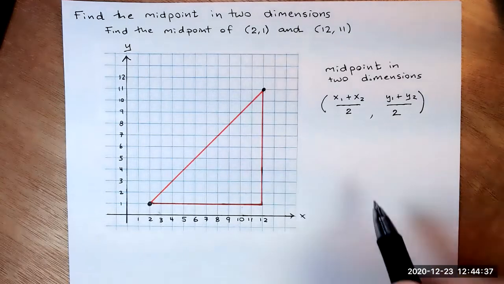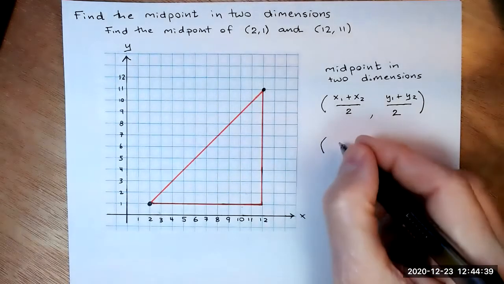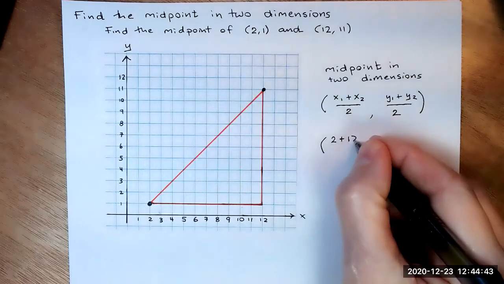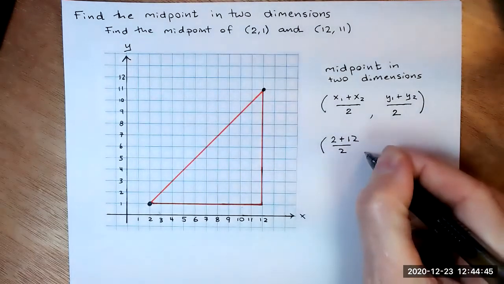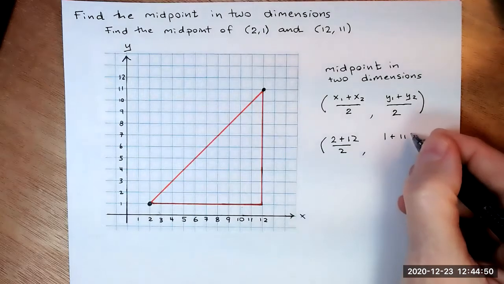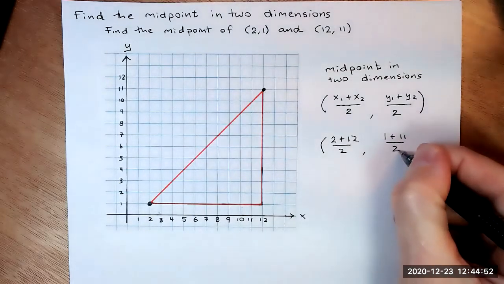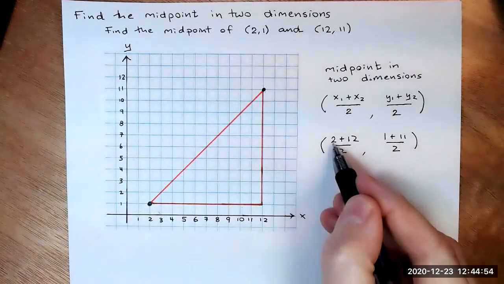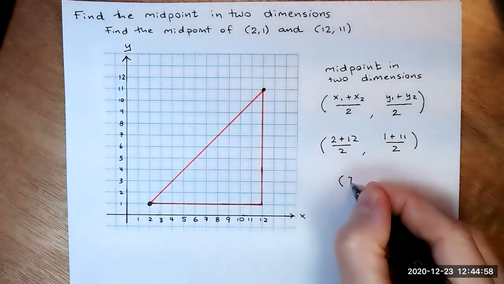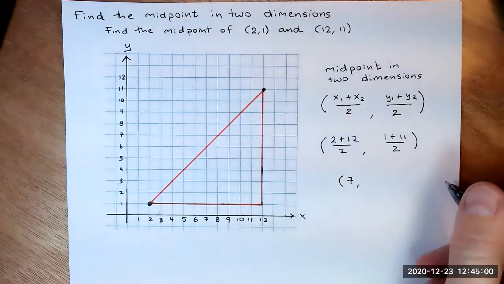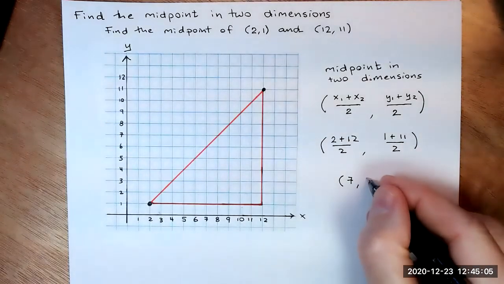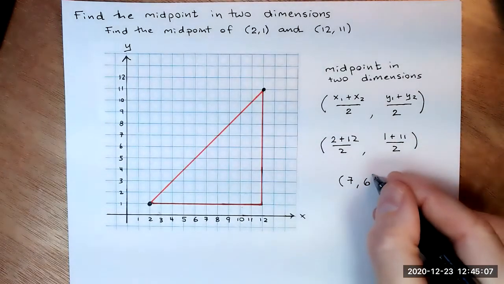All right, so you're going to have 2 plus 12 over 2 and 1 plus 11 over 2. 2 and 12 make 14 over 2, which is 7. 1 plus 11 is 12, divided by 2 is 6.